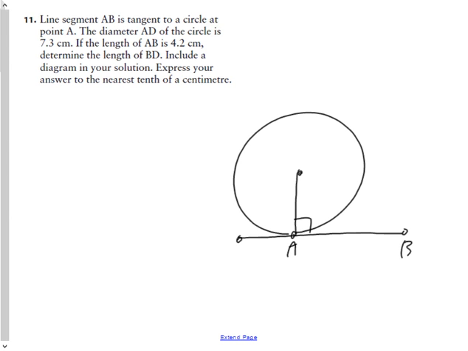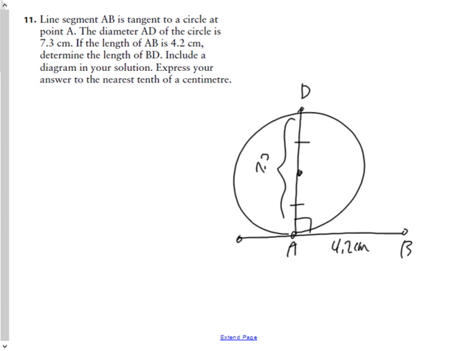If the diameter AD of the circle is 7.3, if the length of AB is 4.2, so I'm going to put 4.2 centimeters here, and I'm going to put this whole diameter, this whole thing, as being 7.3, which makes this radius and this radius half of 7.3, or 3.65.